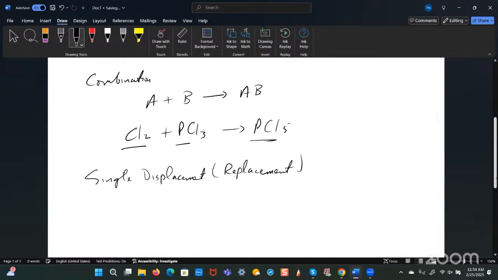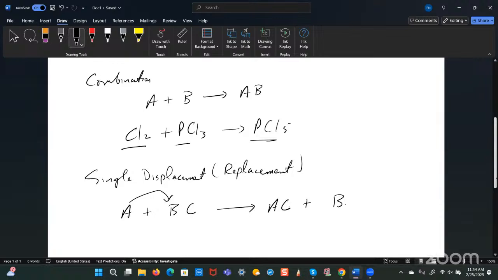And basically, this is what happens in a single displacement reaction, right? So we have A reacting with this compound BC, and what happens is that A takes the place of B, so therefore A ends up being combined with C, and B is being displaced or replaced, all right? So that's basically what we mean by a single replacement reaction.